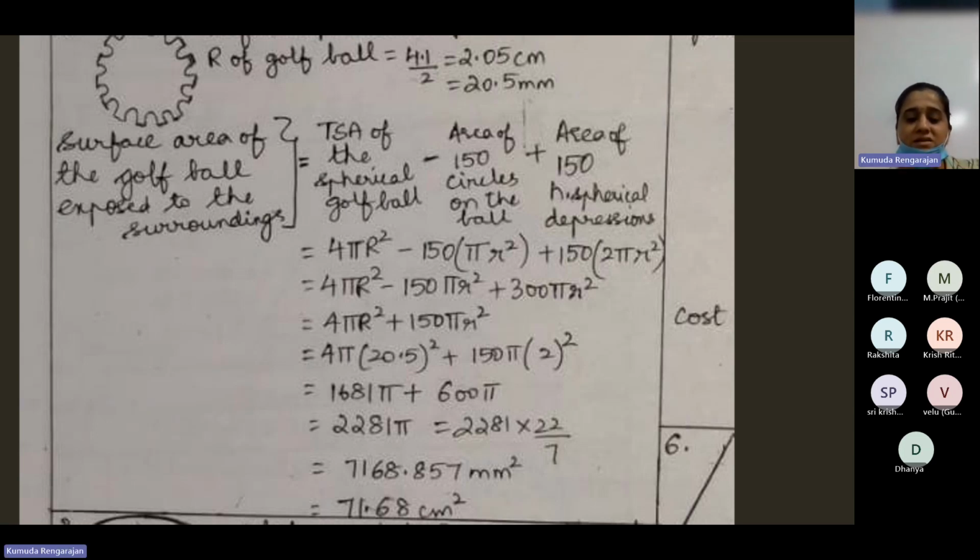Yeah, it doesn't divide exactly. So approximately 71.68 centimeter square. Millimeter square, it is 7168.817. Millimeter to centimeter, we need to divide by 10. Millimeter square to centimeter square, divide by 100. You can leave the answer in millimeter square. Yes, Sashank, it's not tallying our answers.